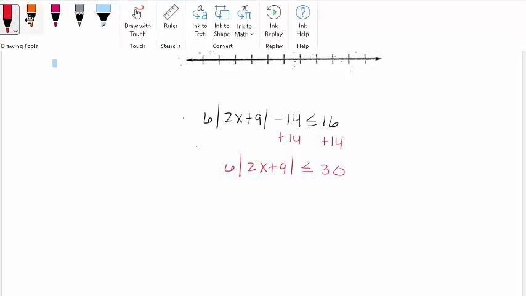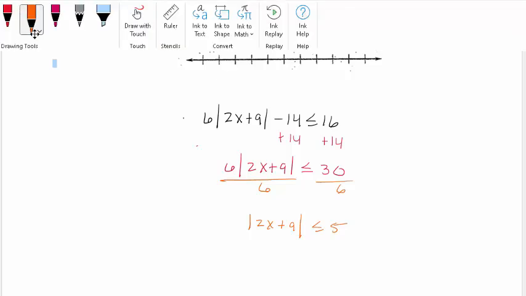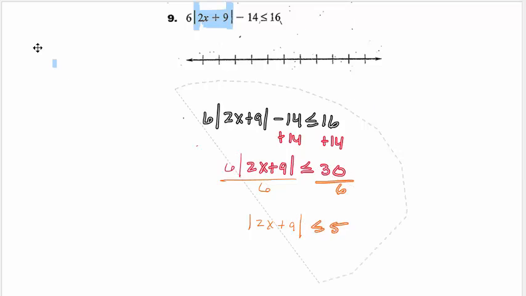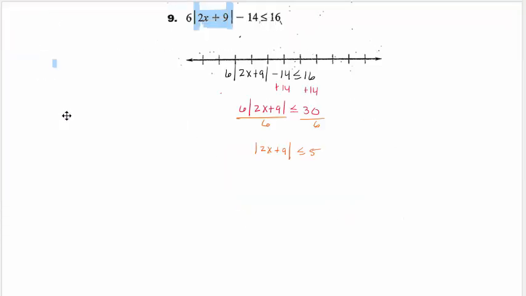Now we can get rid of that 6, so we have the absolute value of 2x plus 9 less than or equal to 5. Now the absolute value sign is by itself, so we can set up our equation. We have 2x plus 9 is less than or equal to 5, and on this side we're going to have negative 5.